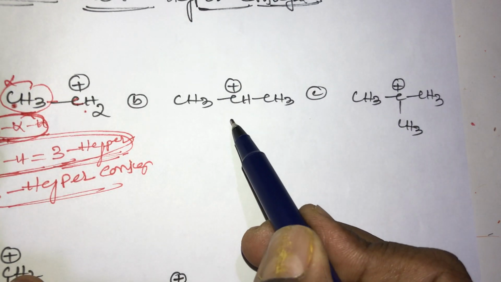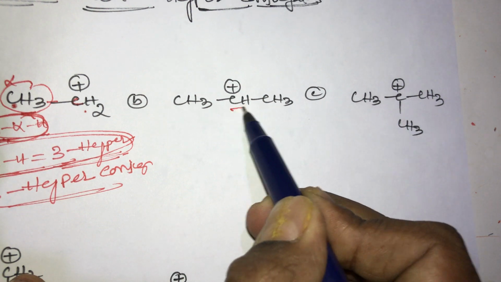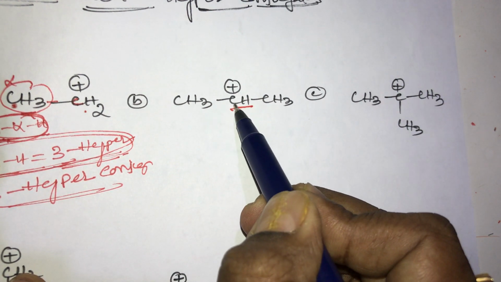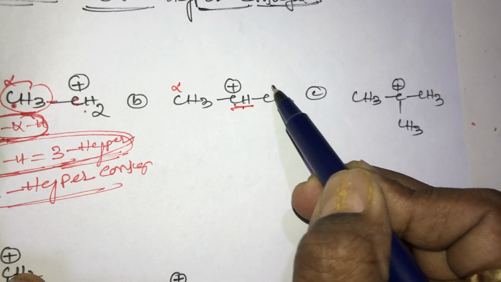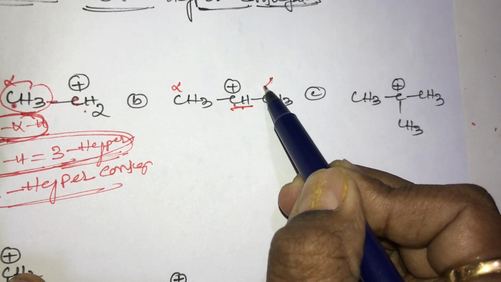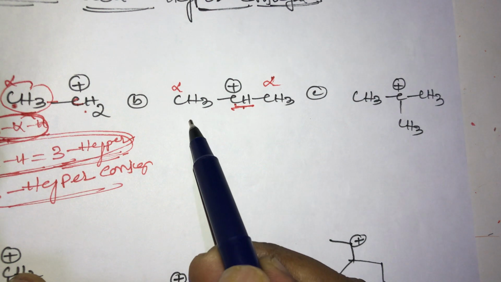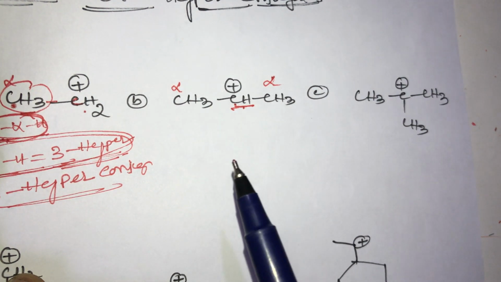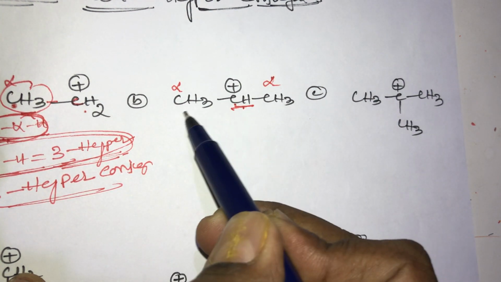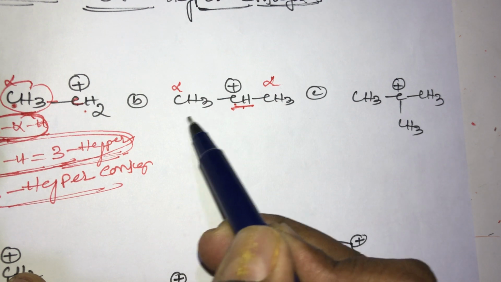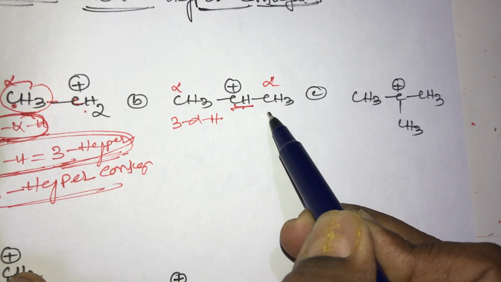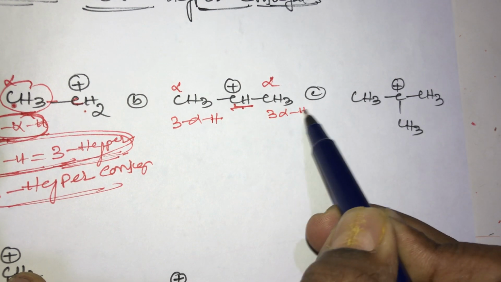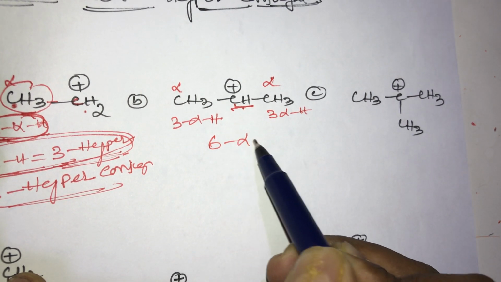And what about this second example? Here how many hyperconjugates are there? First remember, the carbon next to the positive charge is called the alpha carbon. The carbon on the right side is also an alpha carbon. These alpha carbons contain alpha hydrogens. So there are 3 alpha hydrogens on the left side and 3 on the right side, a total of 6 alpha hydrogens.